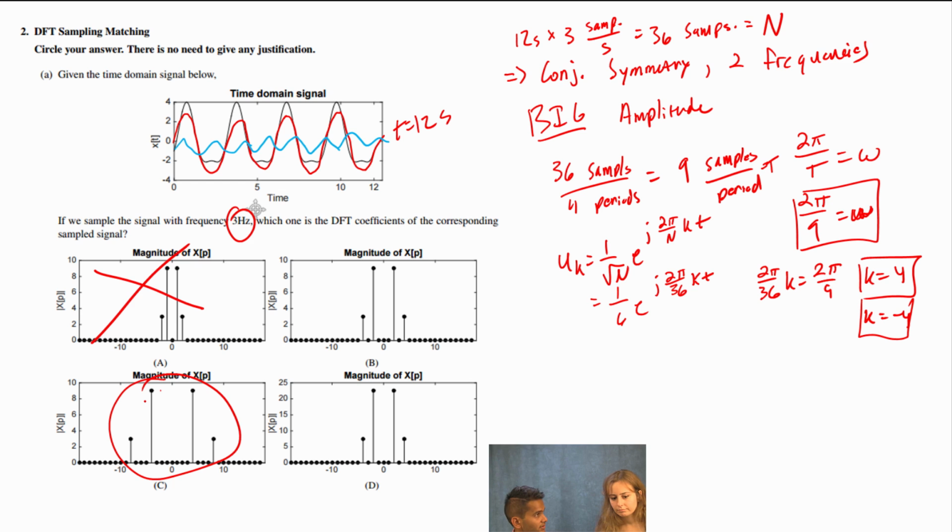So to confirm that, let's check what the amplitude should be approximately, right? If you just look at roughly the red signal, it goes from 3 to -3. So its amplitude would be 3, because we say peak to peak over 2, so therefore amplitude is 3.